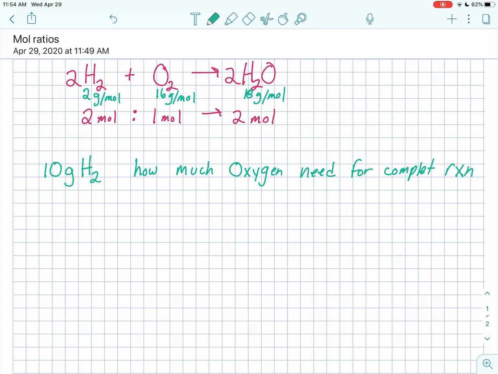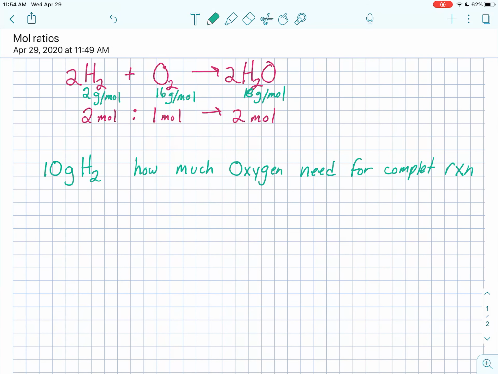So for all 10 grams of hydrogen to be used. So once again, I underline what I'm starting with, and I'm going to circle what it is I want to end with.